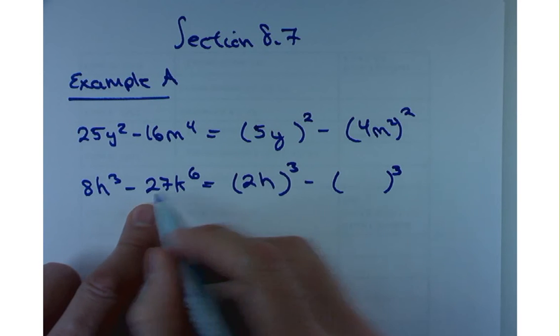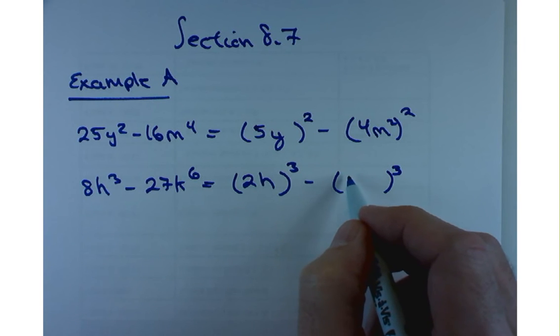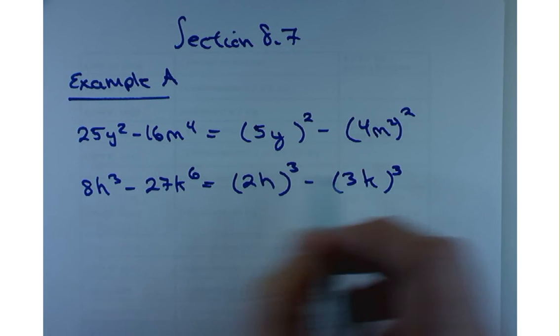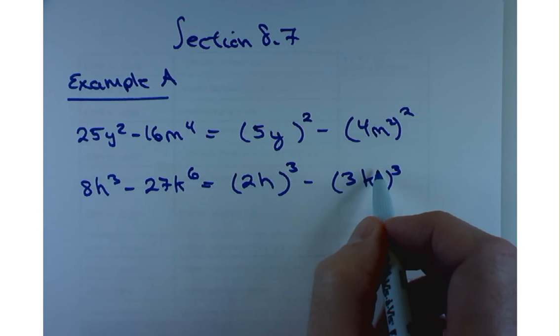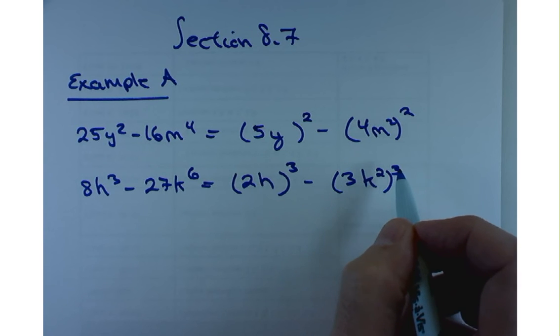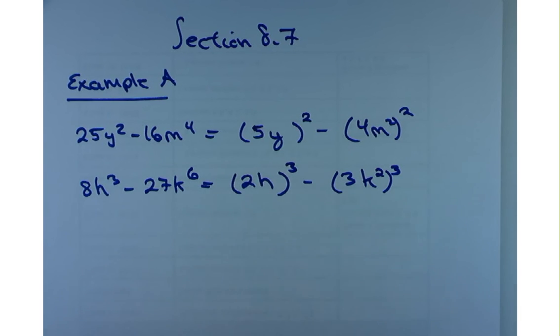What do you cube to get 27? 3, and then k to the 1st power is not going to work. What power of k do I need here? Second. Because remember, these exponents multiply. 3 times 2 would be a 6. So that's all they're looking for in that first one: what do you cube or square to get these various things?